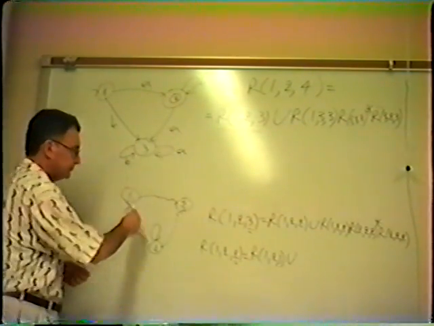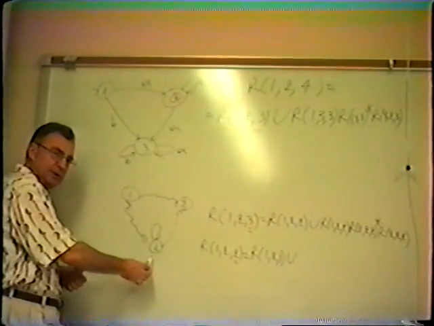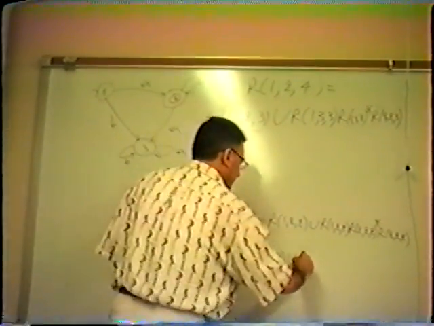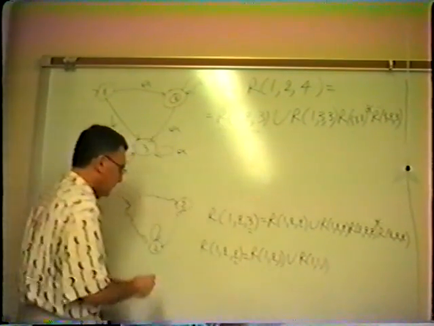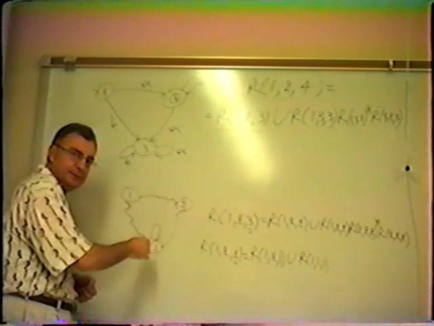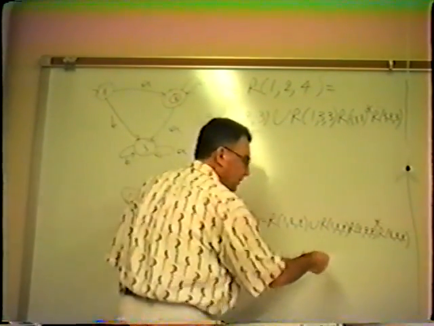Union, the ones that will get you from 1 to 1 without crossing it. Union, the loops around 1, R1, 1 star. I mean concatenation.